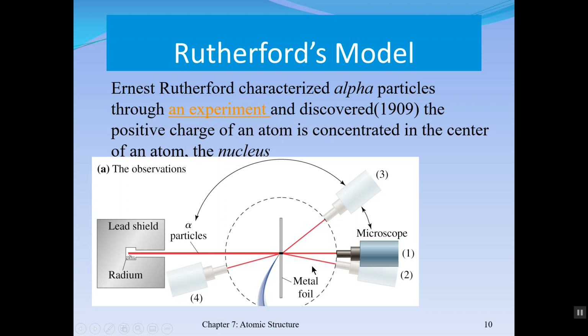So the conclusion is that the actual positive charge of the atom is not constituting the bulk of the volume of the atom. The positive charge is very, very small, so small that the stream of particles can avoid it, as shown in this model right here.